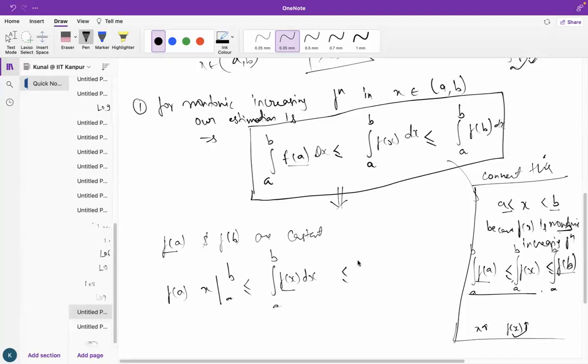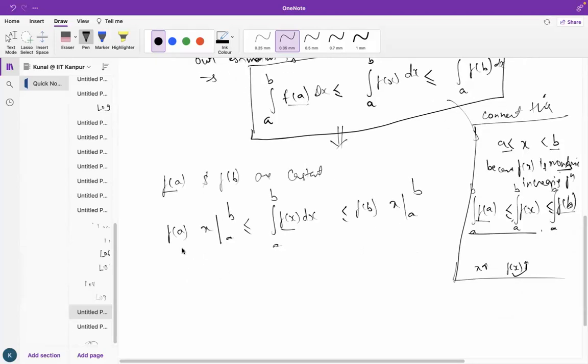But these are constant, so we can take them out and integrate. Substituting the limits, we get B minus A times f of A, greater than or equal to the integral of f of x dx from A to B, and less than or equal to B minus A times f of B.